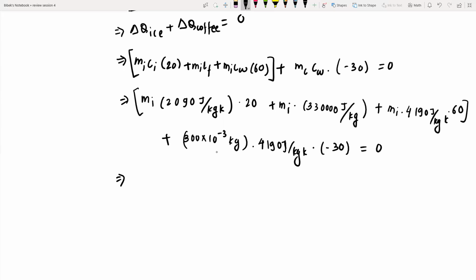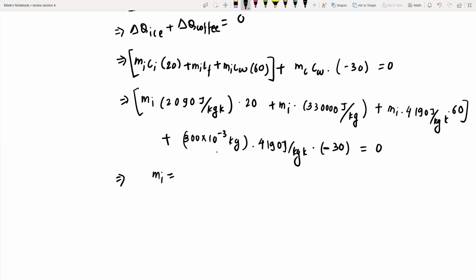So now you have everything. Now you'll have m_i times this plus m_i times this plus the coffee term, and depending on the multiplication you can add them and get a certain number times m_i. There's a negative sign, so if you take this whole term to the right hand side and divide by the added term on the left hand side, you'll get m_i.